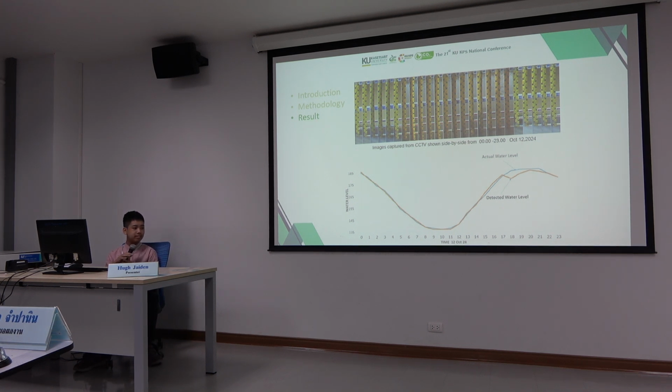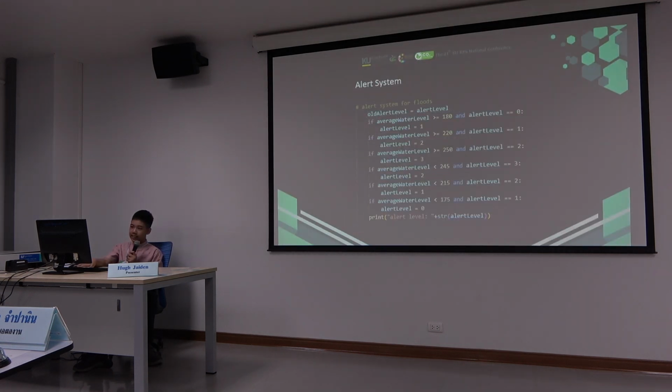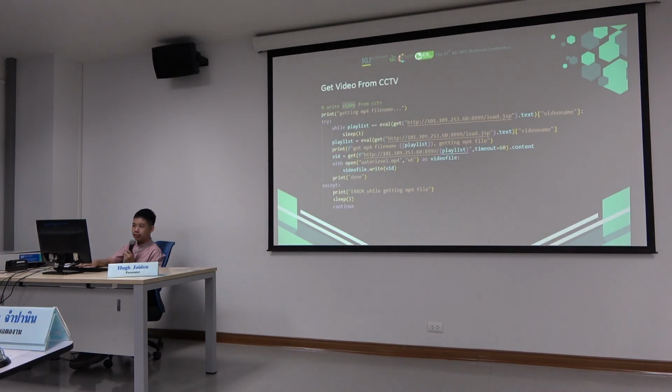So may I ask some questions? How frequently do you get the video from the URL? Like every 5 minutes or every hour? So the video, it's like a very weird live stream. Once a video finishes, it keeps looping that until it finds a new one. Because as you can see from the first one here, we got video from CCTV.